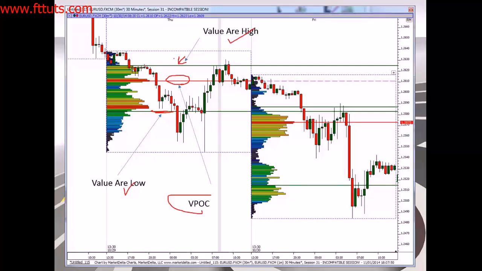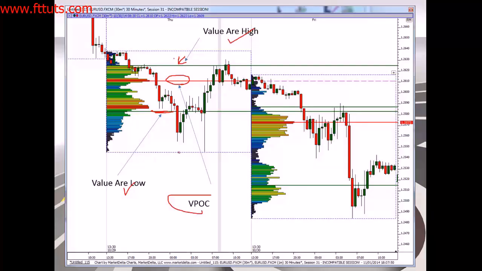See the value area high, price attempts to go through it, fails, comes back, drops, finds support at the value area low, bounces back up but never quite makes it to the volume point of control, drops lower and then picks up, comes right back up, back into value, drops back down again, creating a lower low.